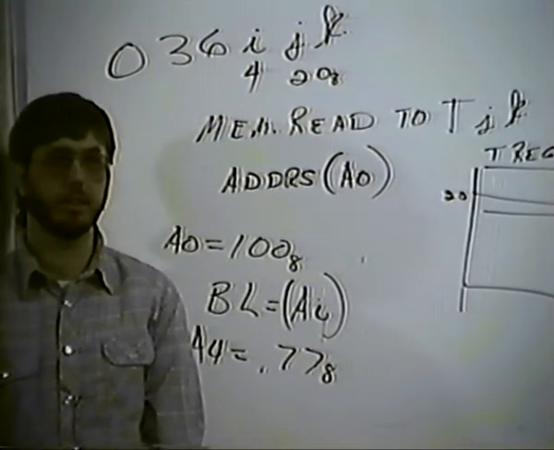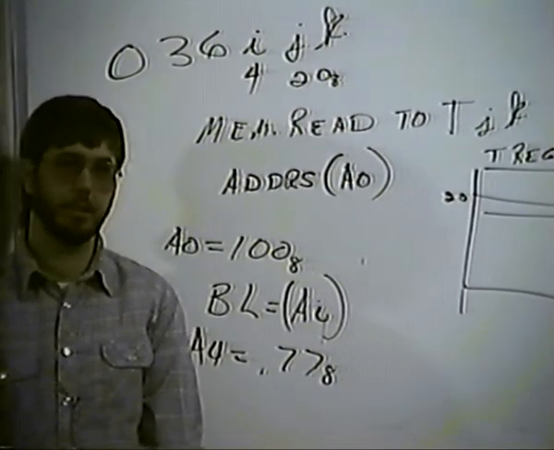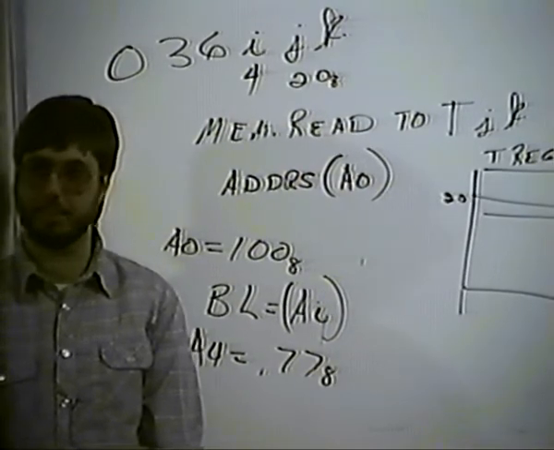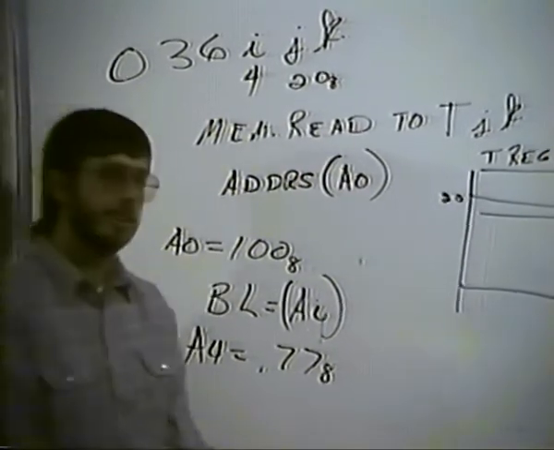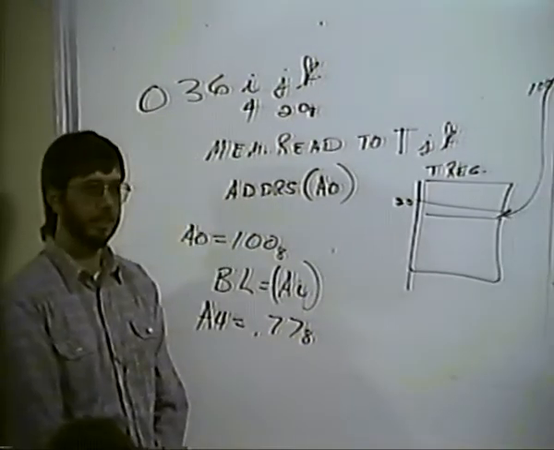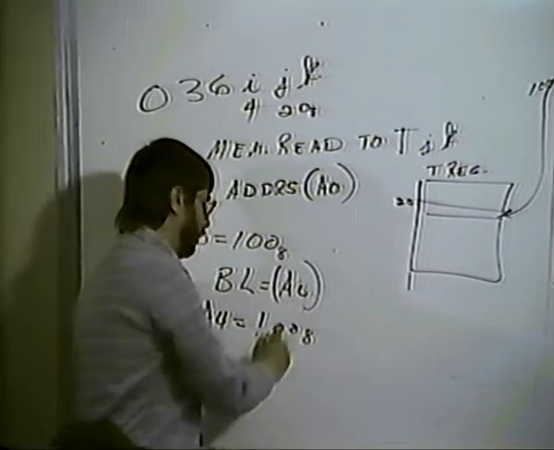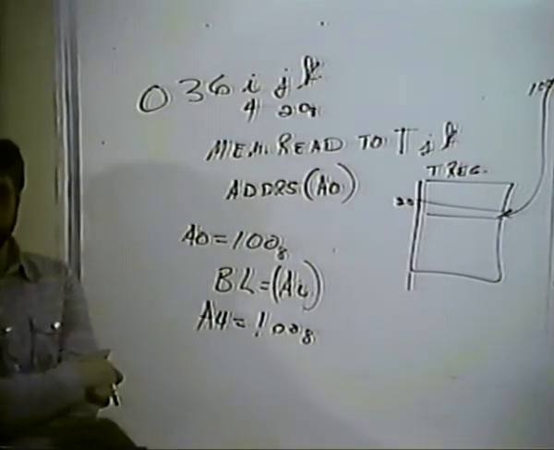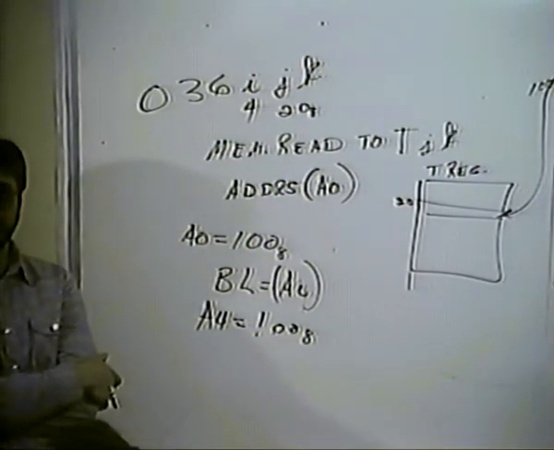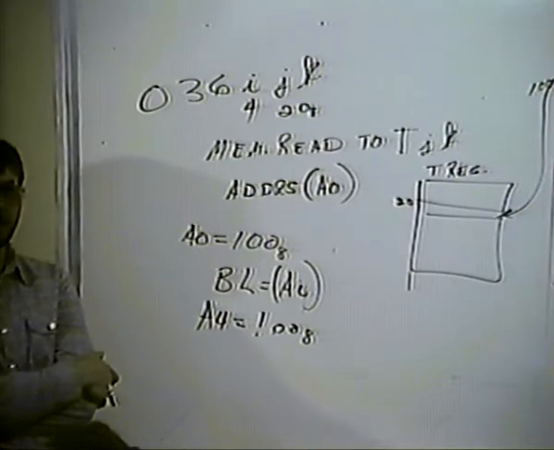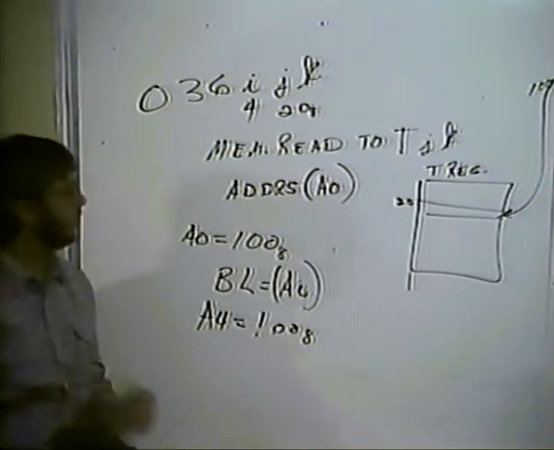I guess it wouldn't matter. Depends on whether you increment it or decrement it before or after you did it. I don't remember which they do. They do it after? I think so too. 100, okay. These little things you forget. Oh well. Close enough.